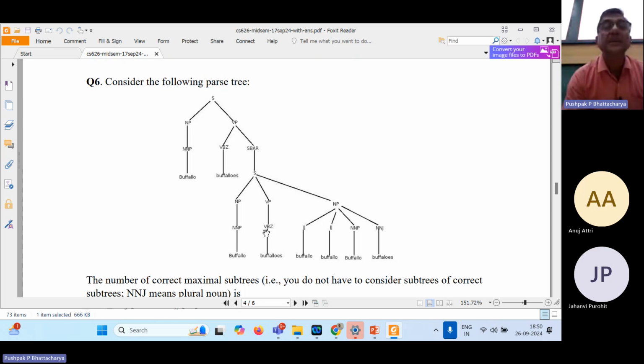If I did not say maximal, then you would have to consider NP and NNP buffalo to be two correct trees. The whole tree is correct, and its parts are also correct. So you did not have to consider that. How many of you remember that the sixth buffalo is the main verb? Quite a few. I thought I saw many wrong answers for this.